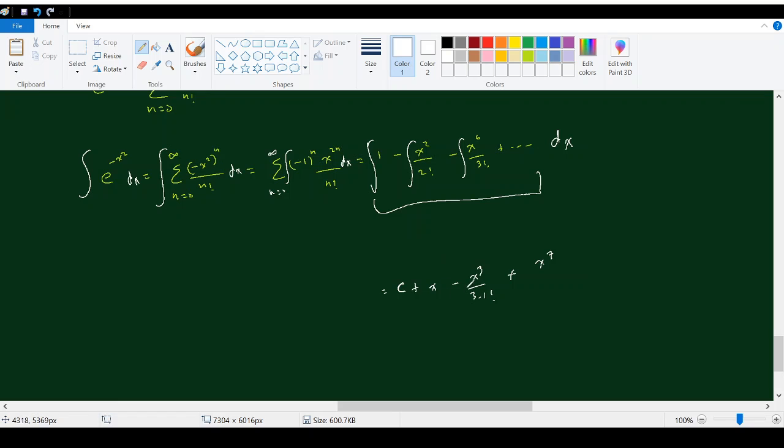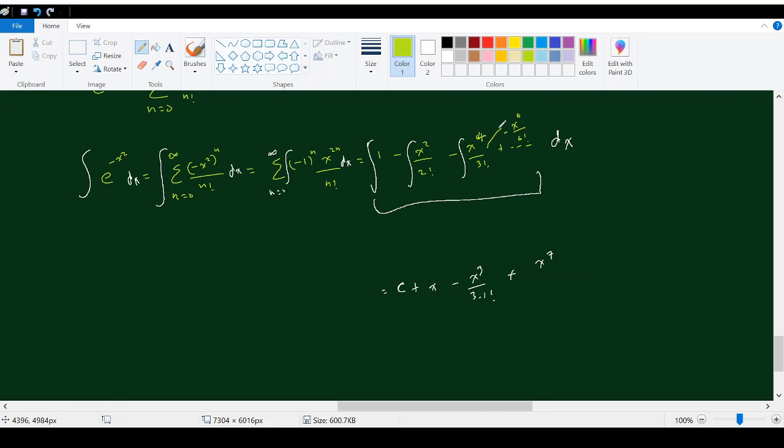I think there is a change of, okay, the mistake is here. Well, the third term will be 4, right? And the next term will be 6 over 6 factorial with the negative term.